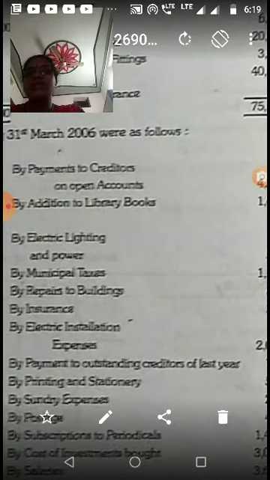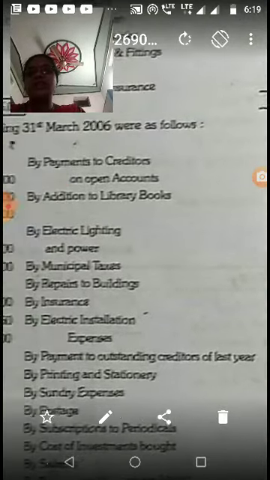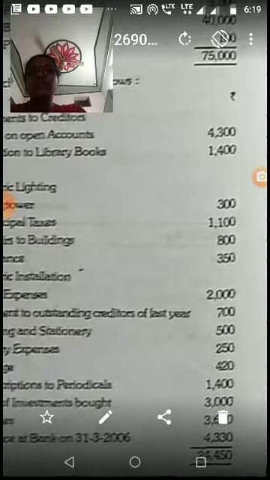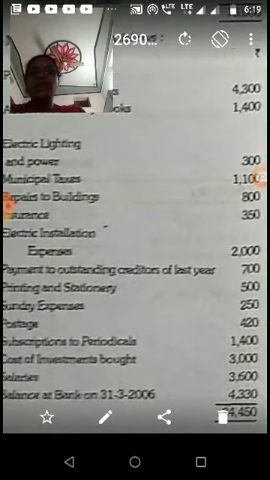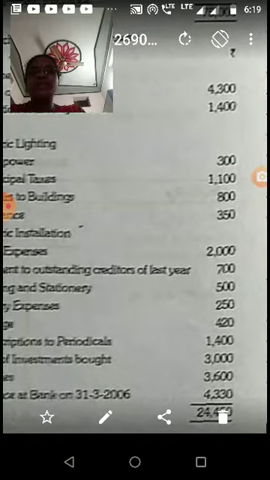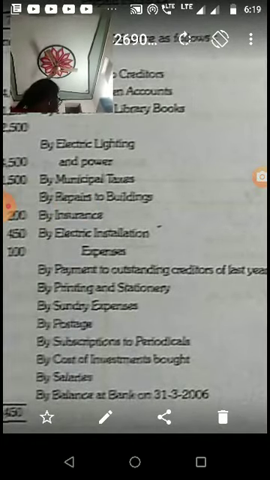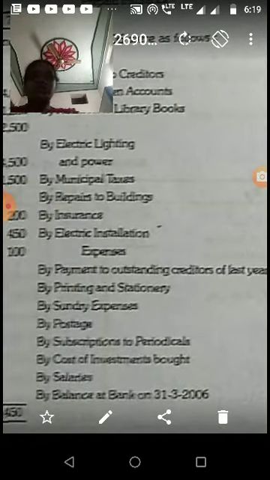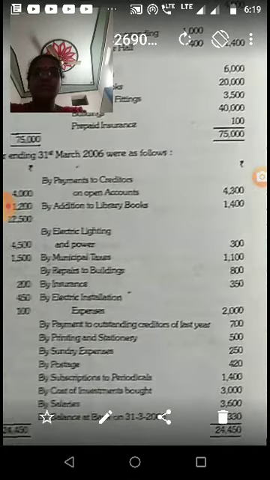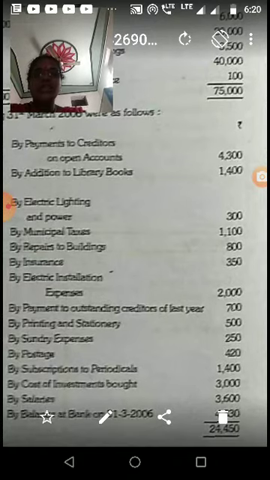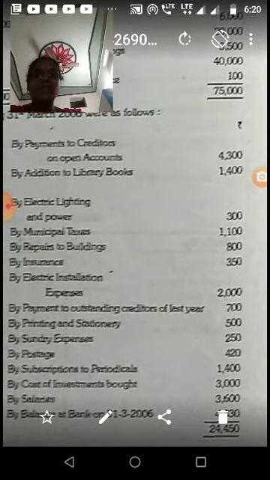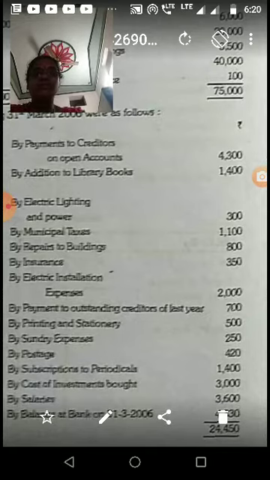Now electric lighting and power 300, by municipal taxes 1,100, by repairs to building 1,800, by insurance 350, electrical installation expenses 2,000, payments to outstanding creditors of last year 700.